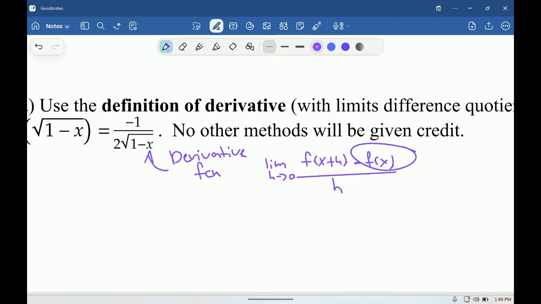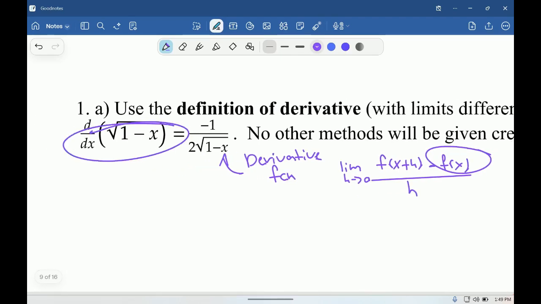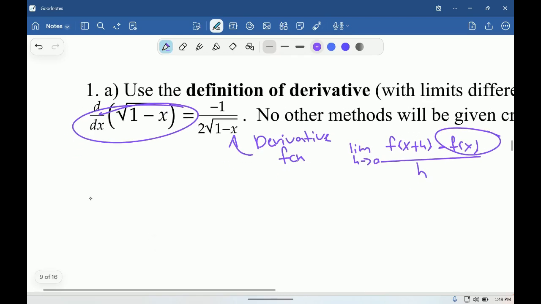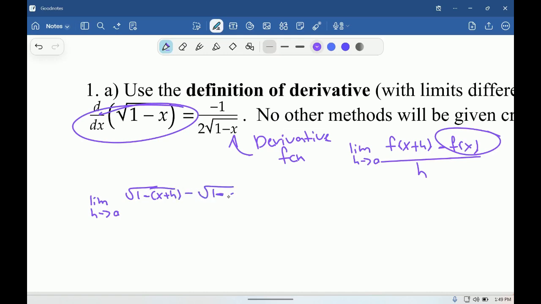And since it's asking for our f of x, we're going to want to use this function over here. And when we implement them together, it's going to look like this: the limit as h goes to 0 of the square root of 1 minus x plus h, minus the square root of 1 minus x, over h.